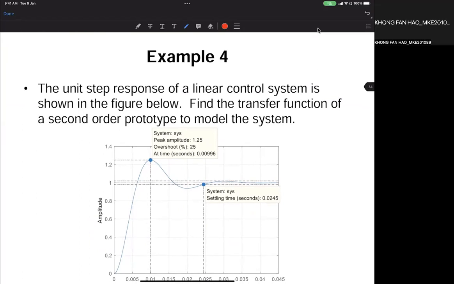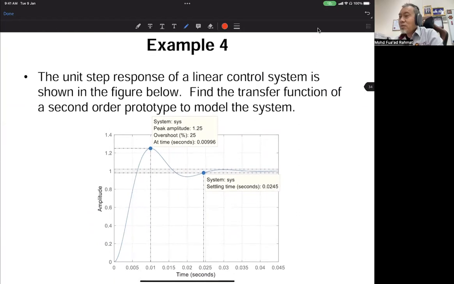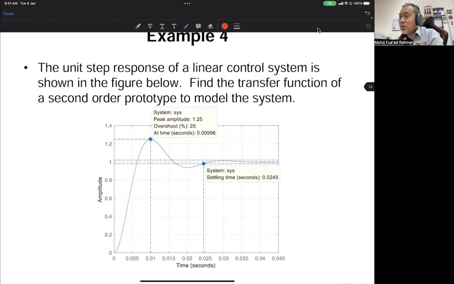Okay. No, Prof. Okay, so we continue to example 4. The unit step response of a linear control system is shown in the figure below. Find the transfer function of the second order prototype to the model of the system. About the same. So the Ts is 0.0245, which is equal to 4 divided by zeta omega n.